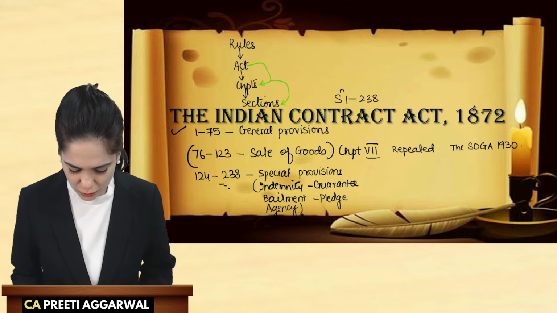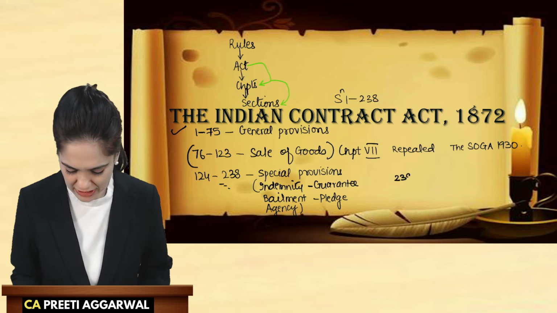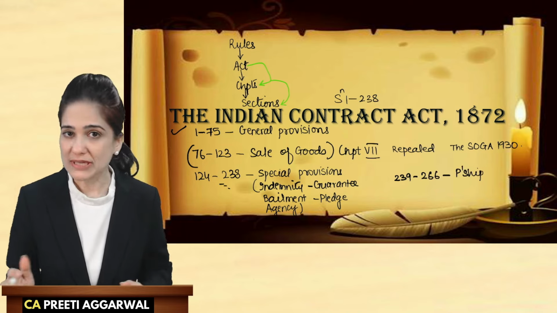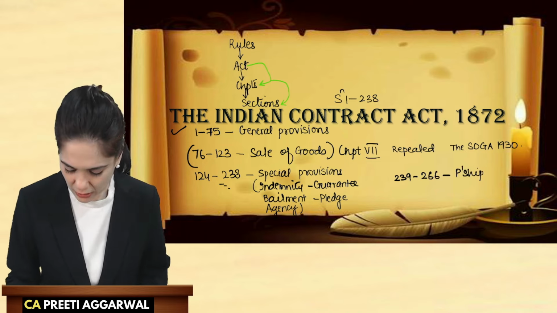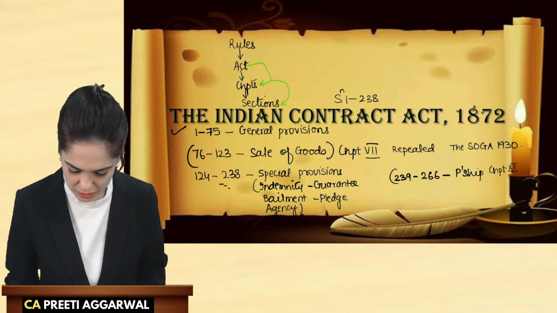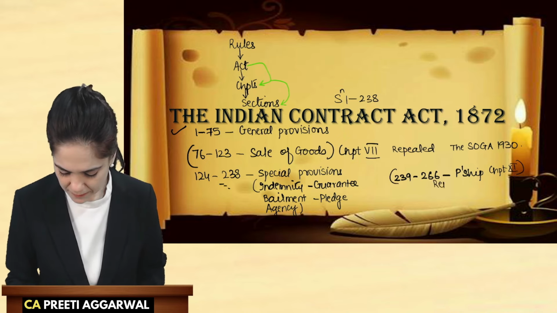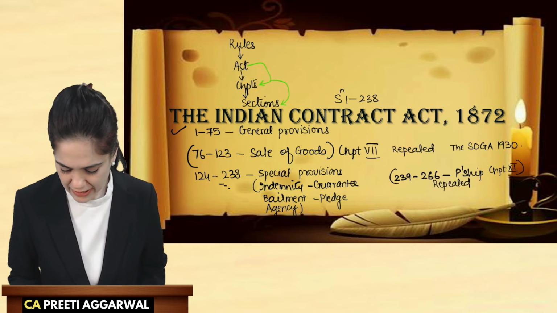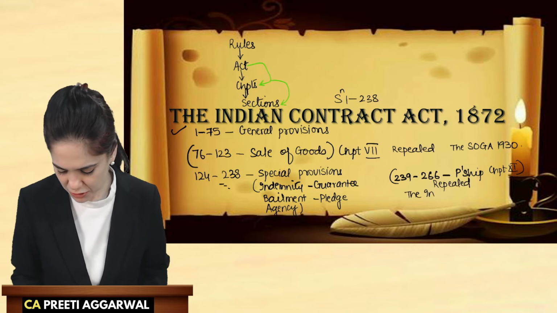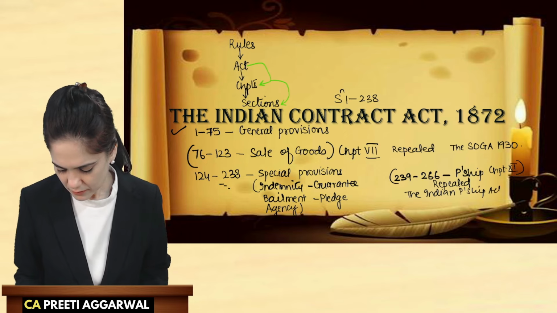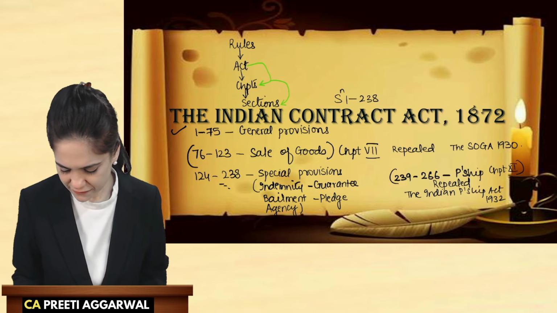The Contract Act also consisted of section 239 to 266. Now, these sections related to partnership, and all these sections were covered in chapter 11. Okay, so the entire chapter was repealed, and the Indian Partnership Act 1932 was formed.